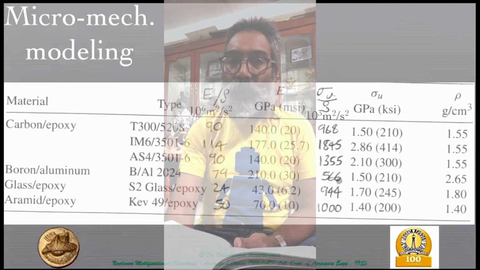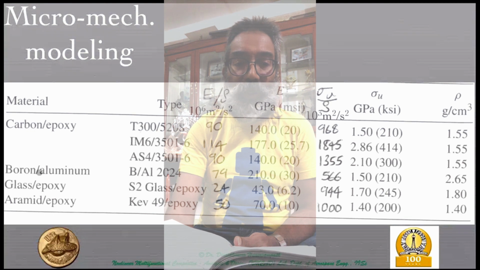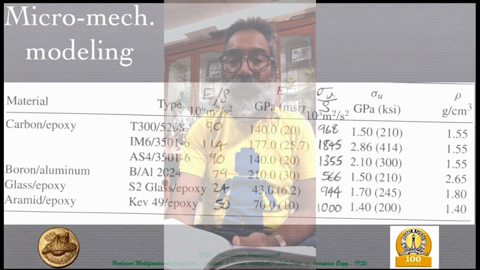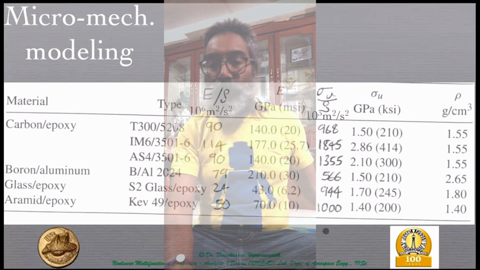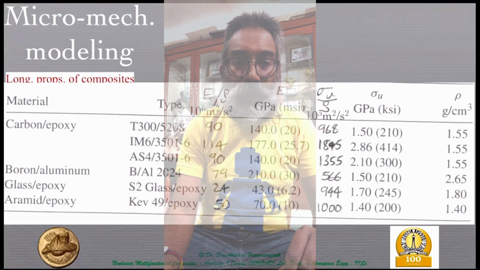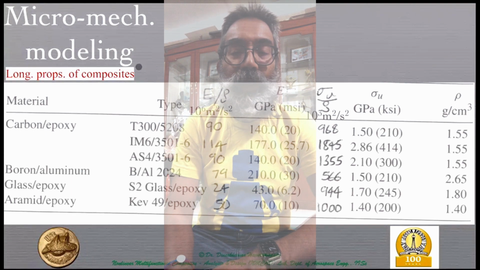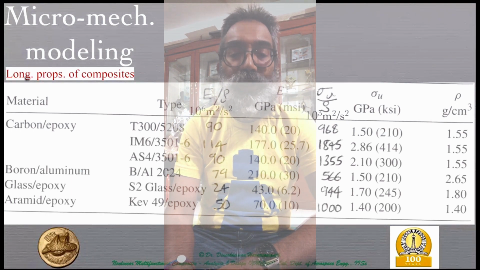So that's a big increase as well, just by introducing boron fibers within 2024 aluminium alloy. So this is what is very critical in terms of the longitudinal properties of the composites in tensile applications.